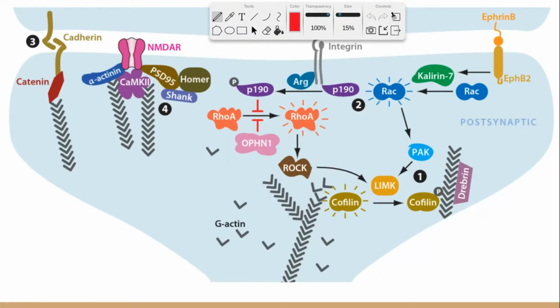Now we're going to transition into discussing the postsynaptic density and how the dendritic spine is maintained. So there's a lot going on here in this picture, but basically the health and the stability of a dendrite comes down to one thing ultimately, and that's actin.